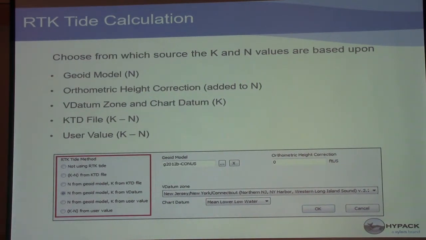Which I think we actually have available for download for the CONUS anyway. So you can set up your geodesy with the new geodetic parameters, go check off the box during your editing, and click on the box that says recalculate RTK, and it'll recalculate your water level heights.